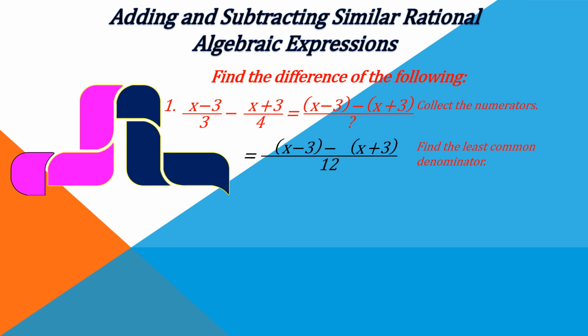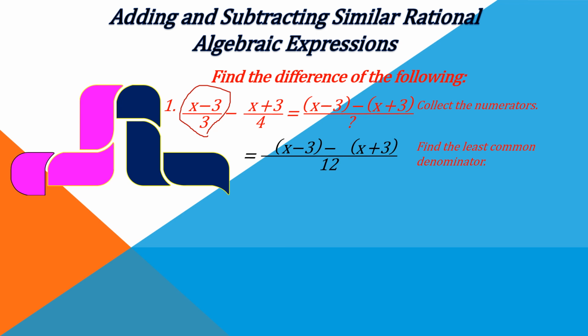And then we find the multiplier of the numerator, because when we look for the least common denominator, the numerator will be affected. So in quantity x minus 3, we need to change the numerator.